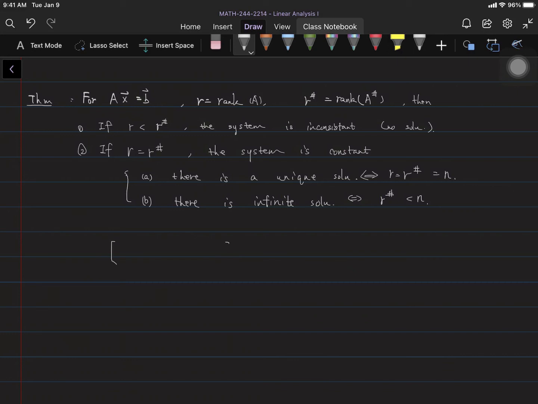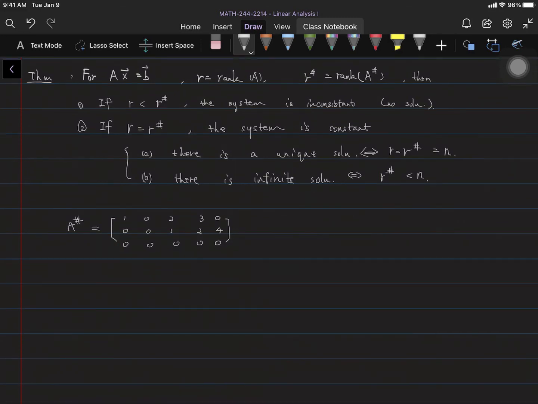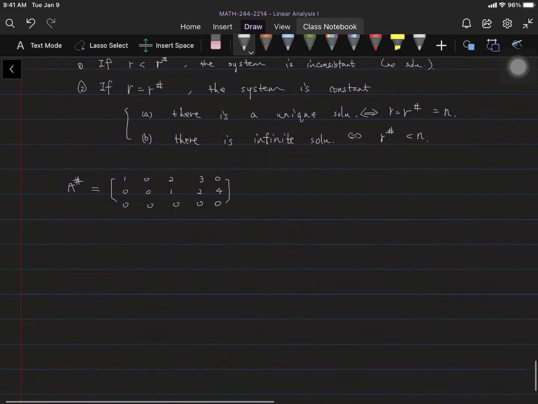You can tell that from the matrix, right? So for example, if I give you an augmented matrix like this, and here I give you the row echelon form 0 0 1 2 4. Can you tell who are the free variables?